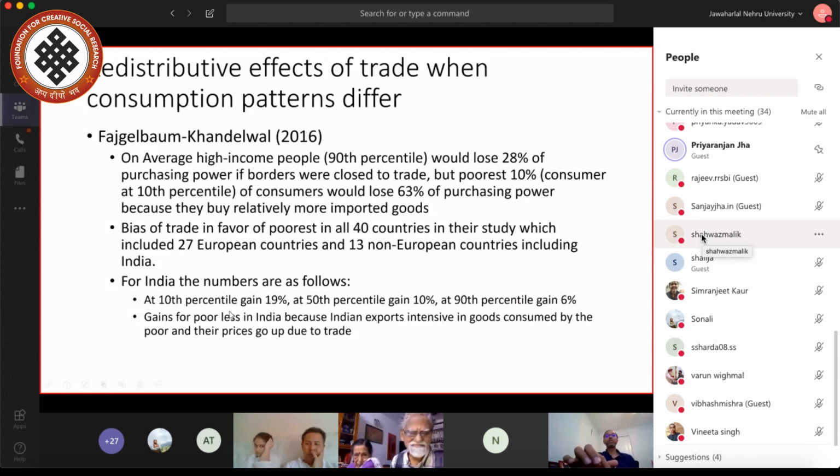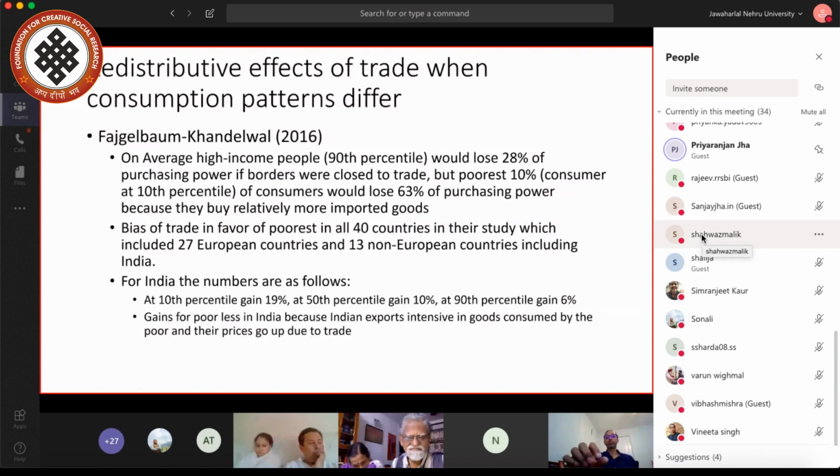For India, they found that gains are slightly different. A consumer at the 10th percentile gains 19%, while a consumer at the 90th percentile gains 6%. So these gains are much smaller for India than the average they found for all these 40 countries. And they explain that gains for the poor are less in India because Indian exports are intensive in goods consumed by the poor.